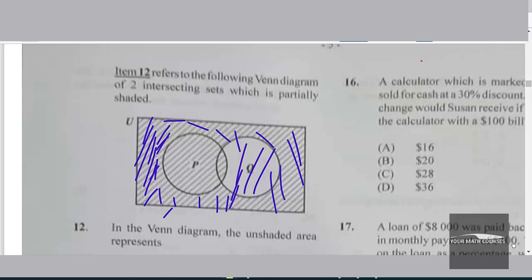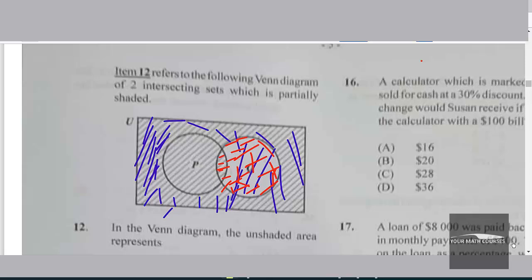Now I'm going to shade Q, all the region inside of Q. So you can see that there's a region where the red and the blue are intersecting.